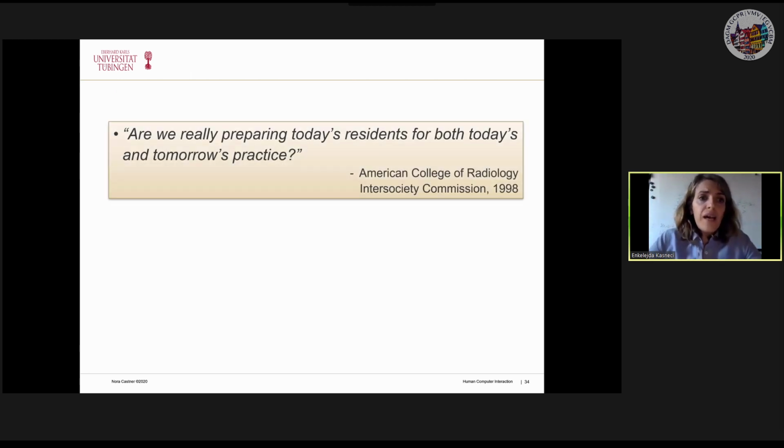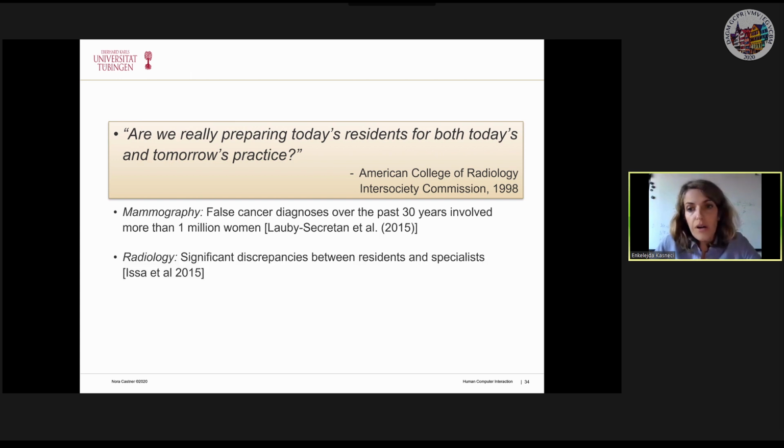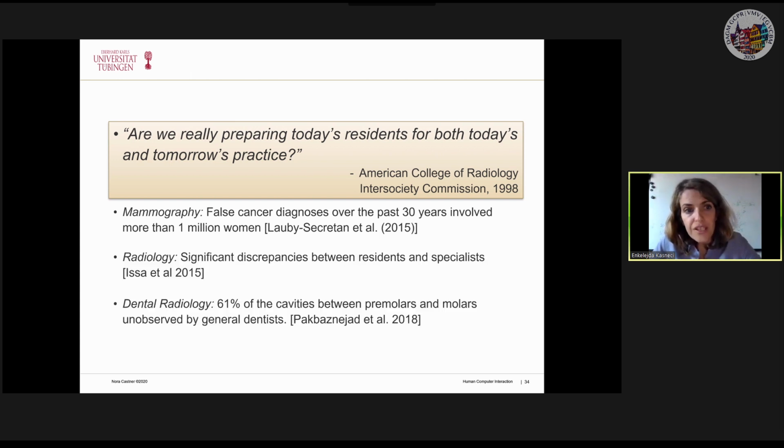As you can imagine, this kind of work is not only applicable to the area of dentistry, but the same or similar methods can be applied to any kind of expertise development for radiology image viewing, for example, mammography or any kind of radiological images.